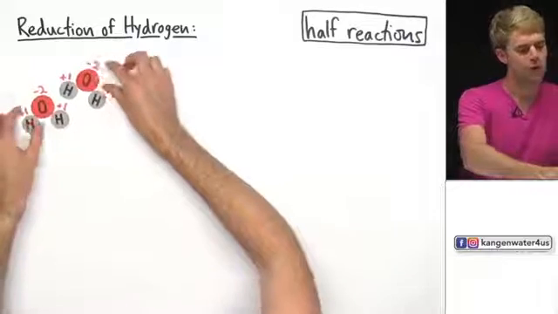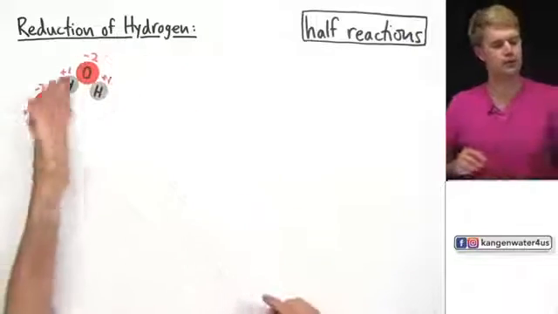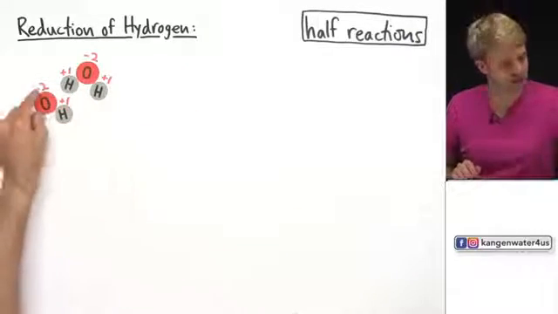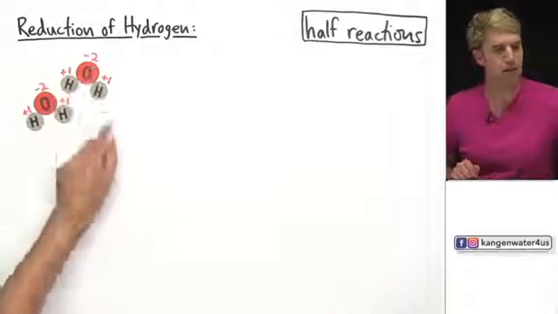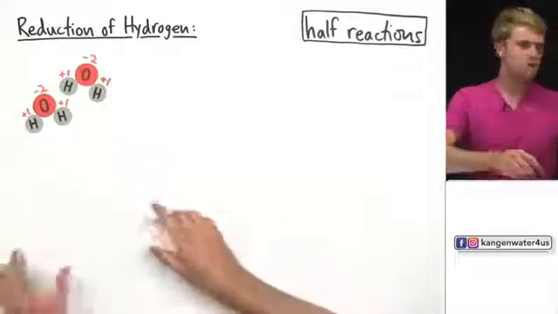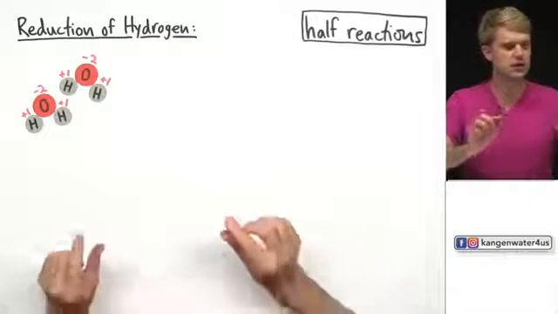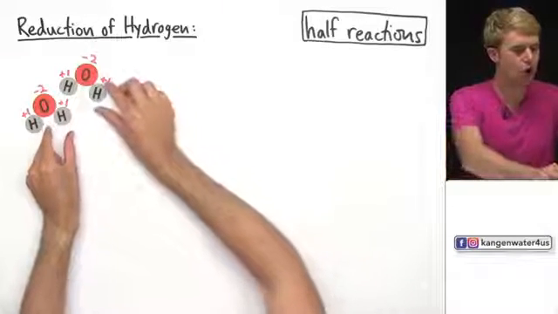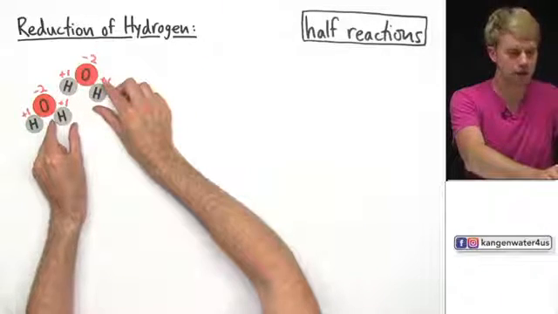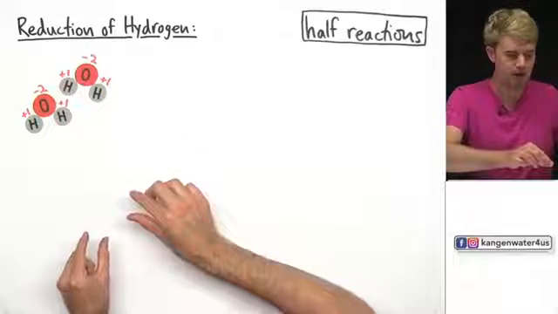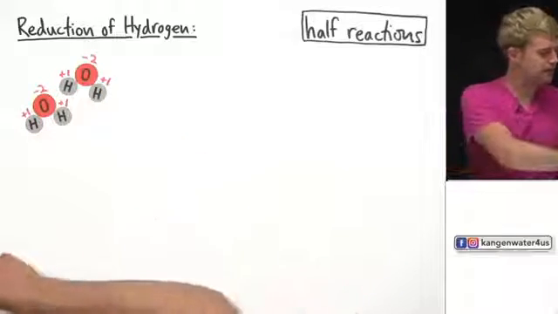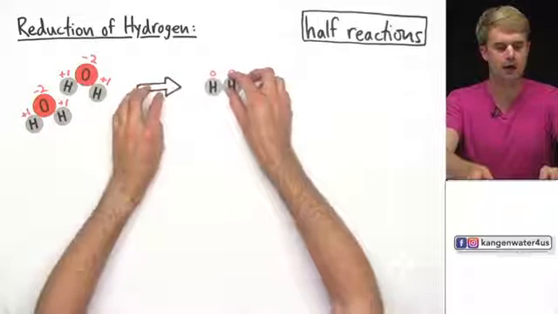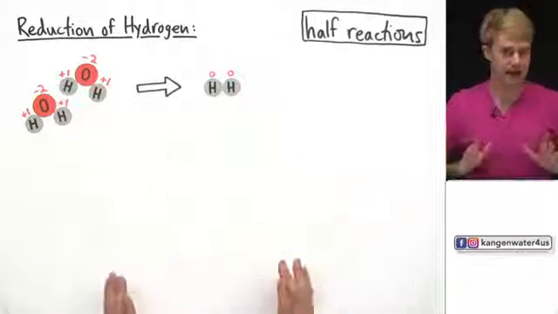Okay, so we start with 2 molecules of water, H2O, and you'll see that I've written the oxidation numbers above each of the atoms. So in the reduction of hydrogen, essentially what happens is it's like we take 1 hydrogen from each of these water molecules and pull them off, and then we combine them to make a molecule of H2, hydrogen gas.